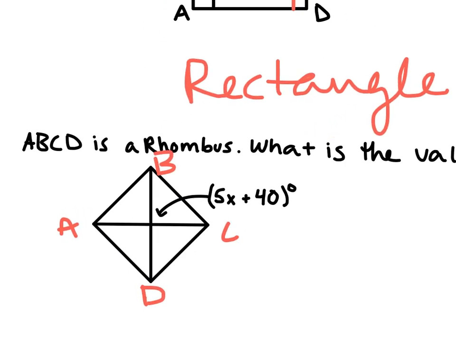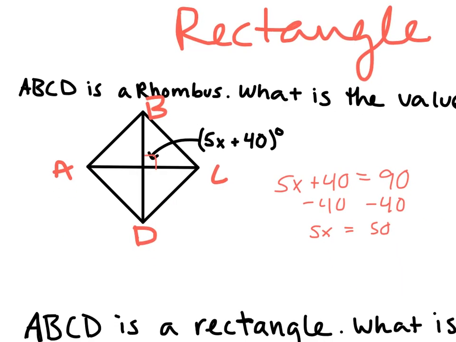Because in a rhombus, the diagonals are perpendicular. So if this angle here is 90, we just set 5x plus 40 equal to 90. Then how do we solve for x? So what'd you guys get for x? 10. Perfect.